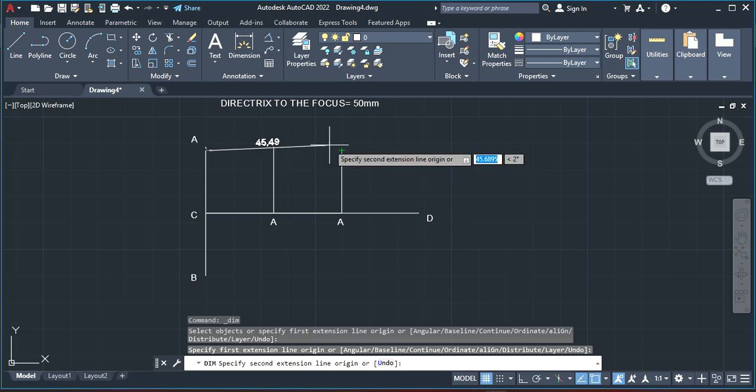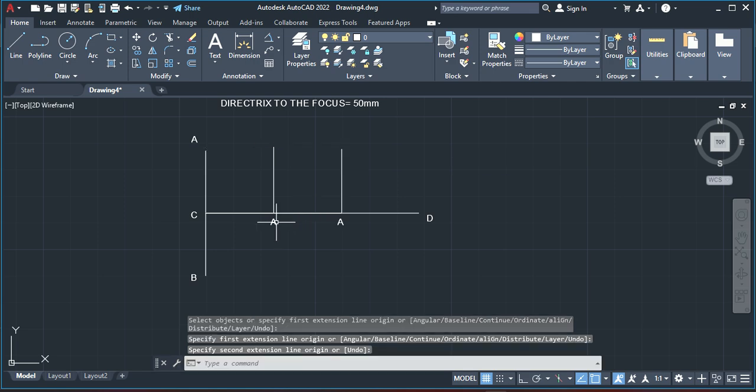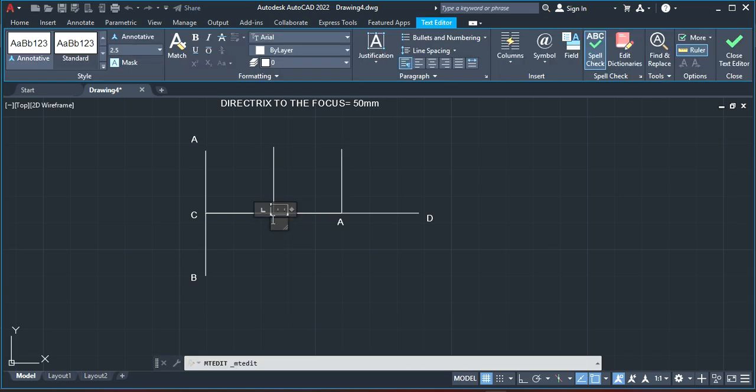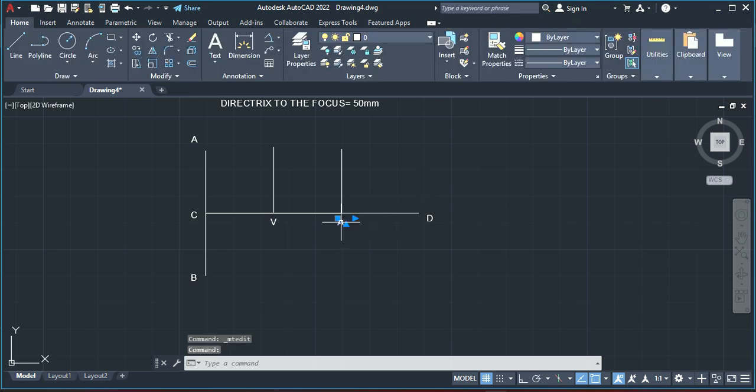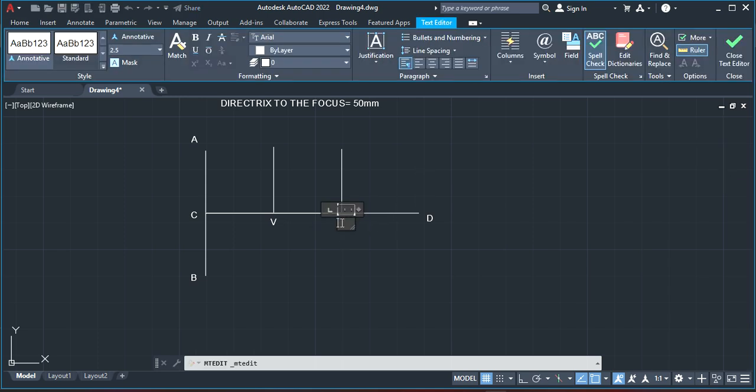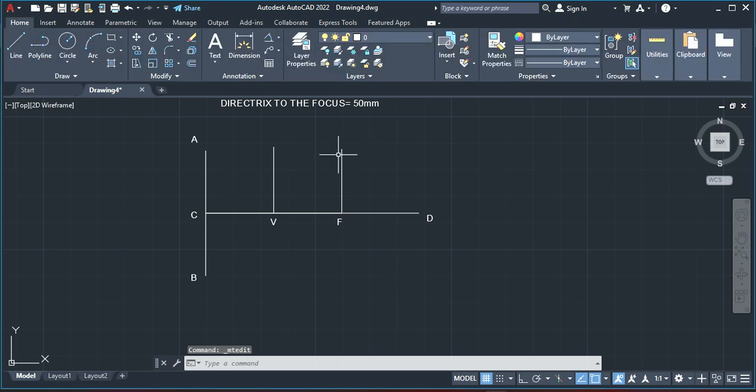Okay, clear? And this one is the midpoint. The midpoint I will call V, and this is the focus, we'll say F. Now the height we have taken here as 25, and you can remove this if you want, or you can extend it later.